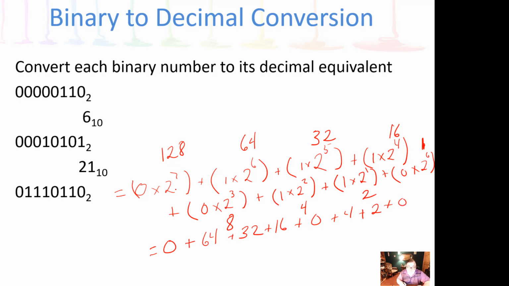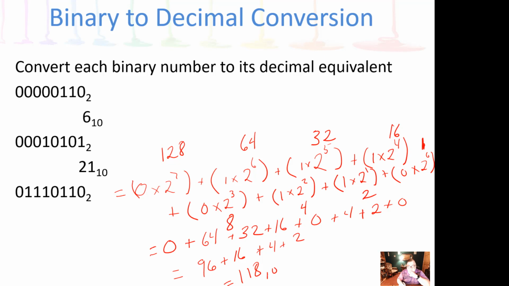So if I add these up, this is equal to 64 and 32 is 96. So I'll do 96 plus 16 plus 4 plus 2. Well, I know 16 and 4 is 20. If I add that to 96, I get 116 plus 2 is 118, I believe.